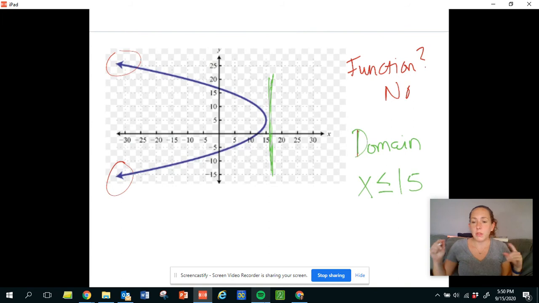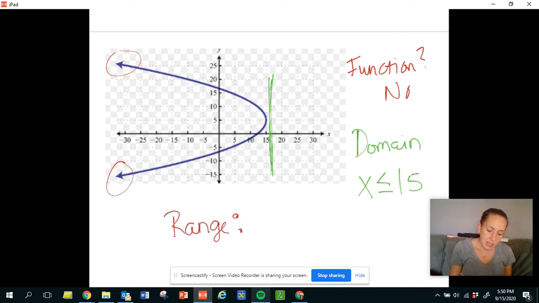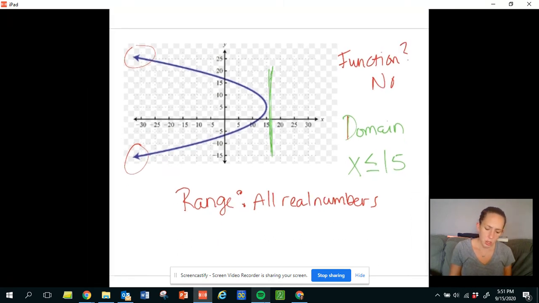So if you end up with arrows going in both directions, up and down for y, side to side for x, you are going to say that the range is all real numbers. For those of you who don't like to write words out, which I get, I'm a math person, you could put ARN, I will know what you mean.